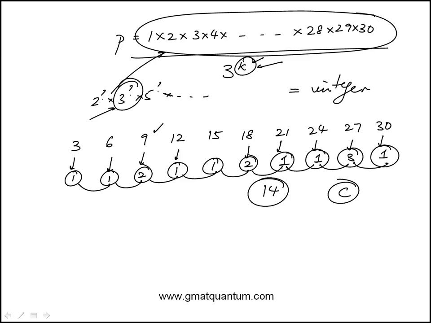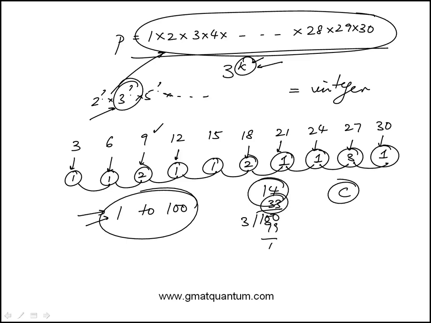But I just want to give you a general approach, for if the question was instead 1 to 100. One is not going to sit there and count these out. The strategy is you first count out all the multiples of 3. So you divide 100 by 3 and you get 33. So there are 33 single 3's that come up as multiples of 3.